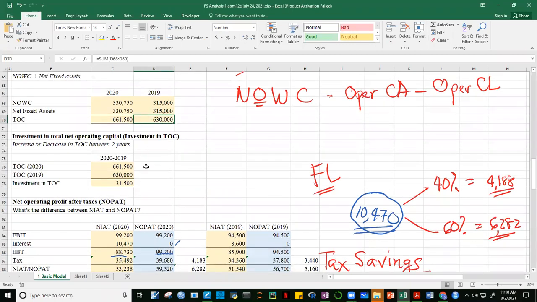We're going to need this, guys, in order to determine kung okay ba yung performance ng firm. So let's be cognizant of the fact that at the beginning of the year, 630 yung operating capital na provide sa management. So the question is, what did they do with that 630,000?